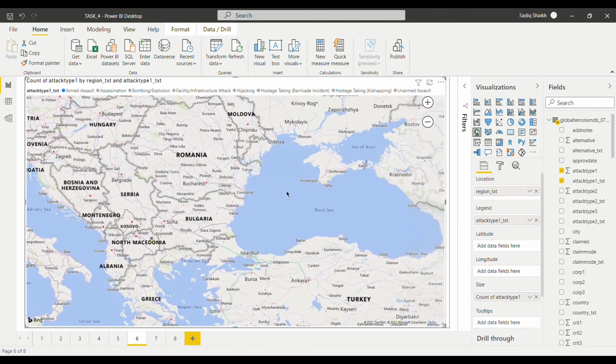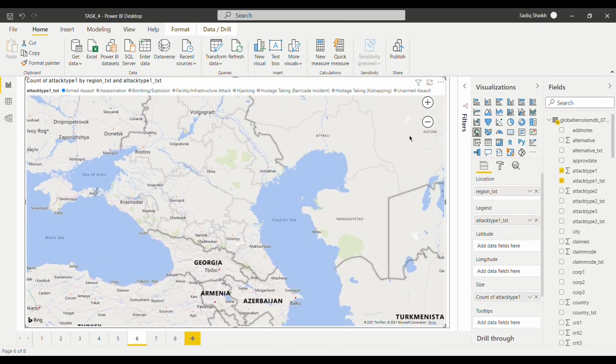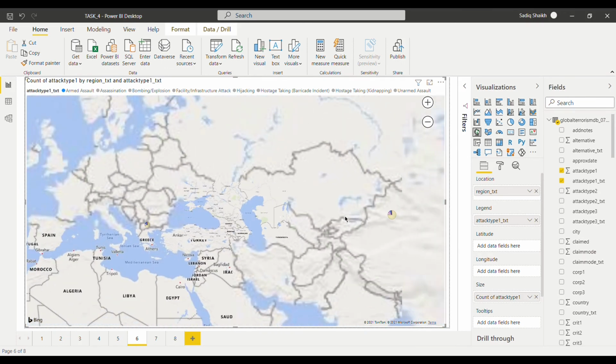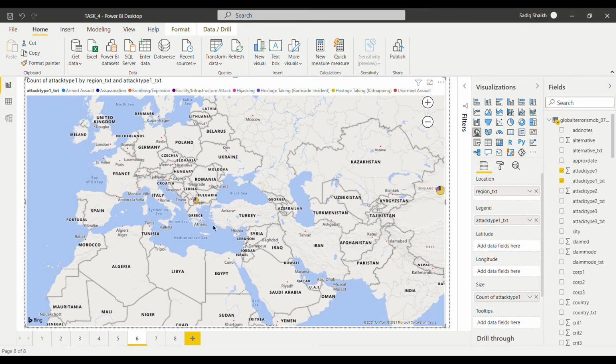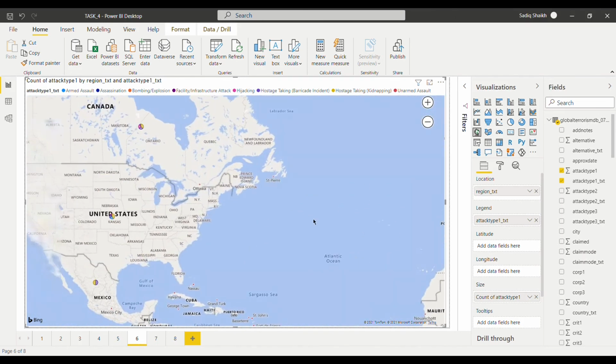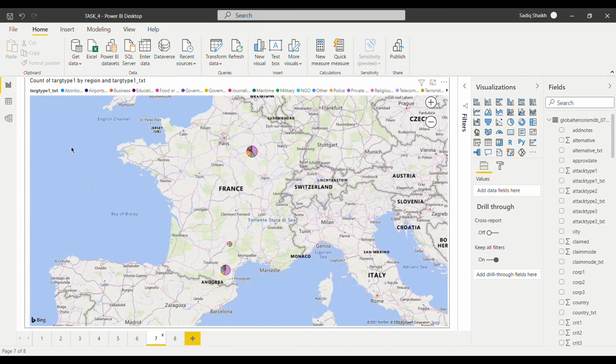Okay, this is the region where we can see the most common type of attack. Now this is the hostage type of attack in this location. So this is a map distribution where we can see which type of attack has been performed in which locations. Then after this is the count of targets, and in which locations what type of targets have been hit.